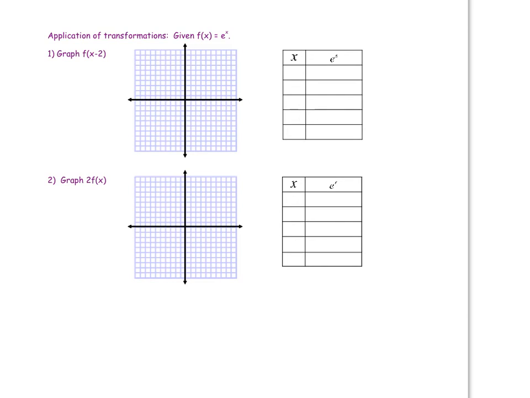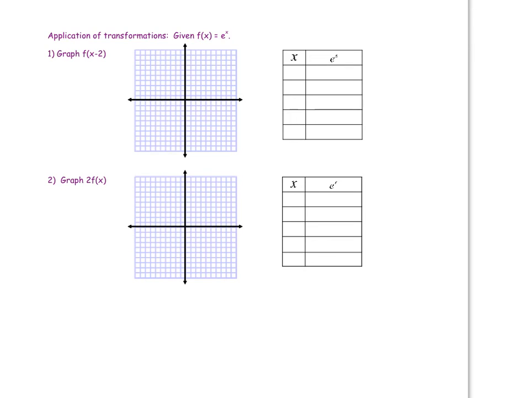In closing, what we'd like you to do is apply some transformation skills to this new curve. So if you are given e to the x as your graph, what does that look like under a transformation of f of x minus 2? What does that look like under a transformation of 2 times f of x?